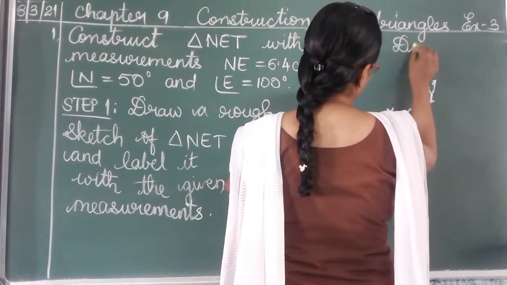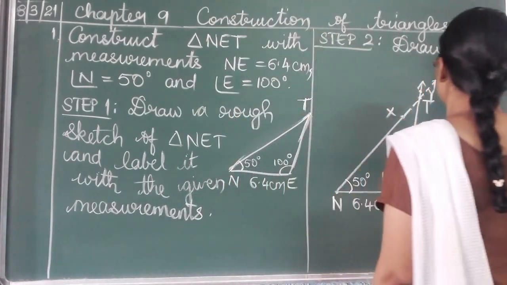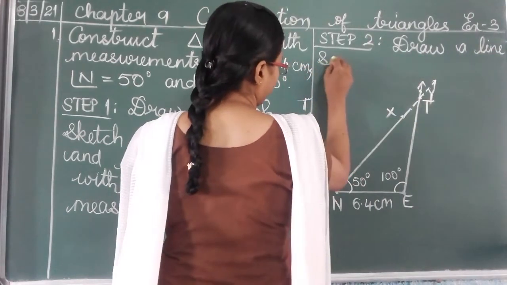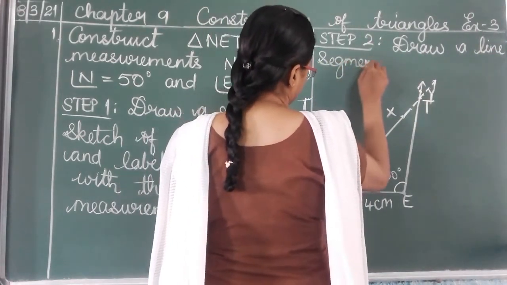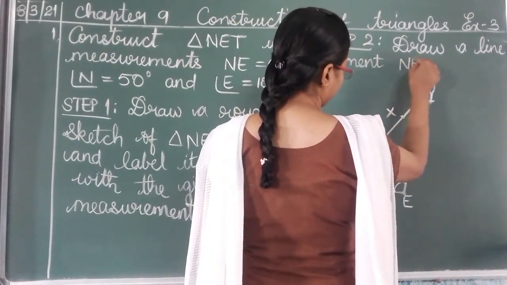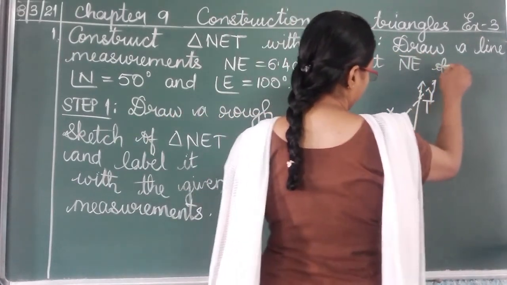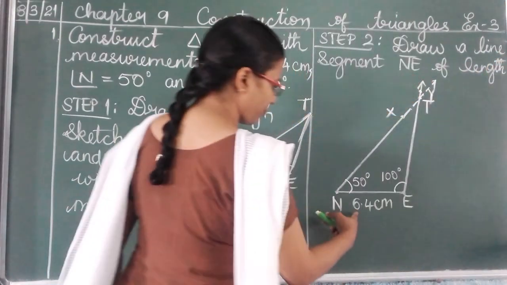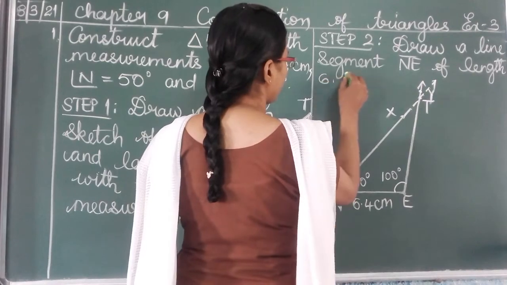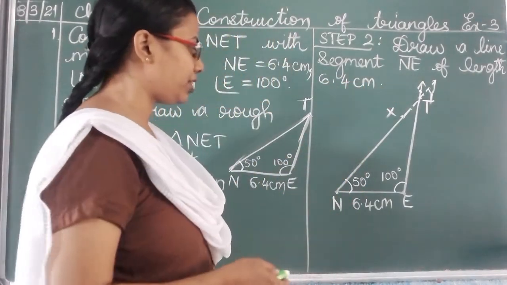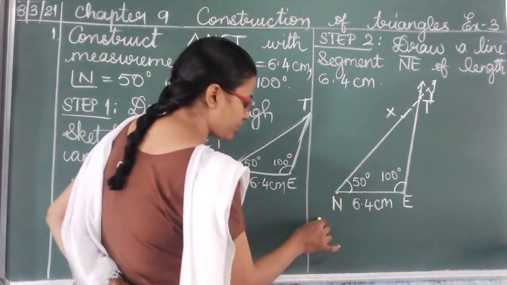Draw a line segment NE of length. What is the length? Look at the figure, 6.4 centimeters. Now let us write step 3.